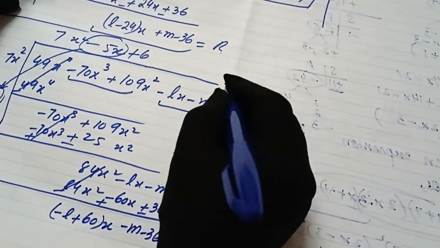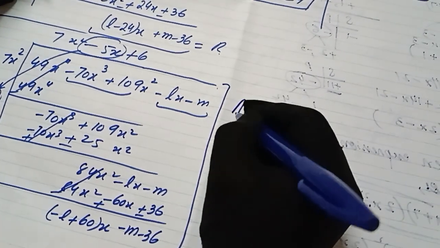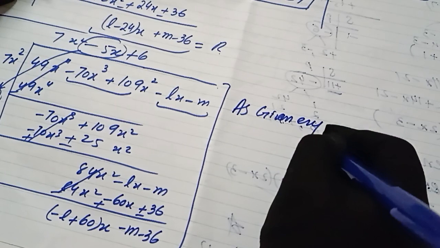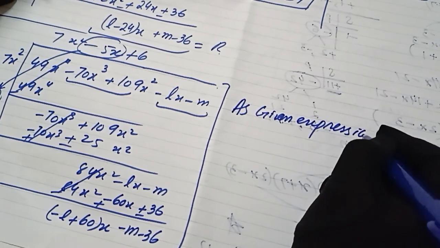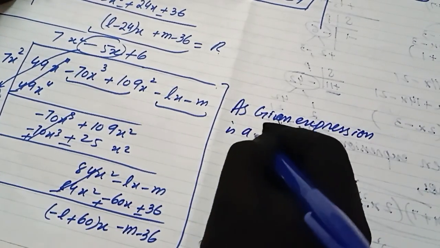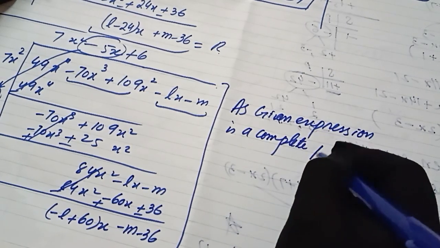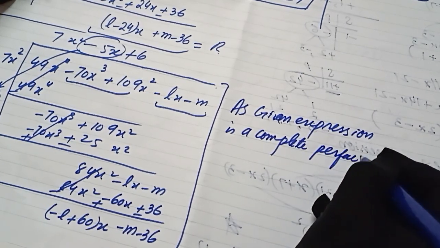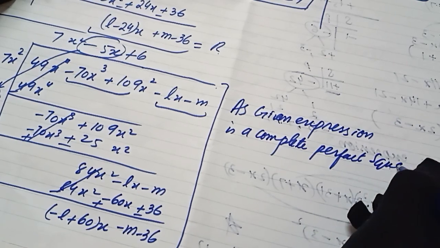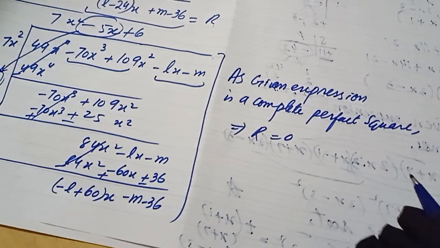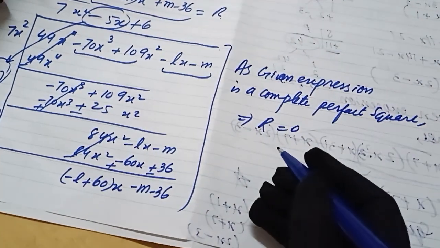Again, we can give the same reason for this one as given. The expression is a complete square, complete perfect square. That's why the remainder must be 0. If the remainder is 0, so each term of the remainder must be 0.